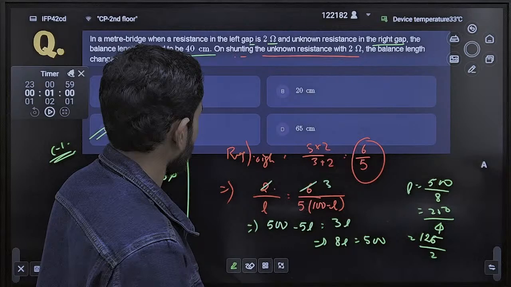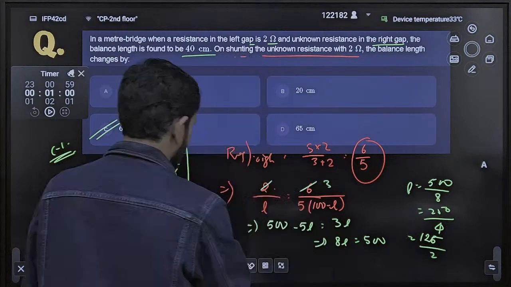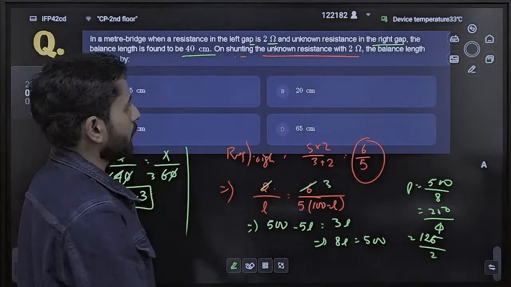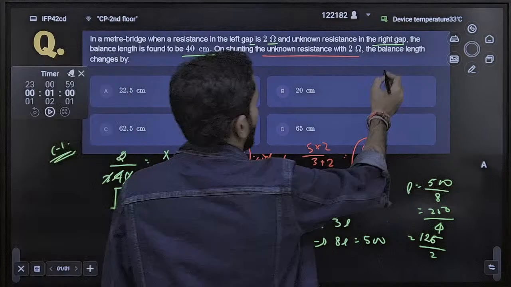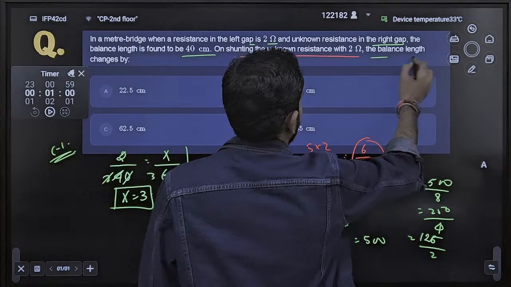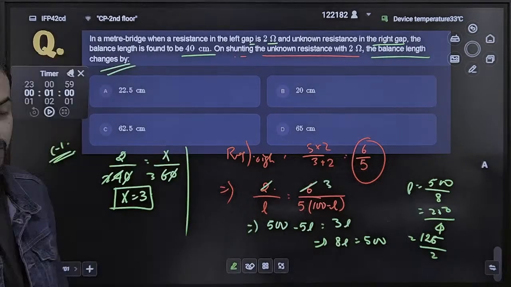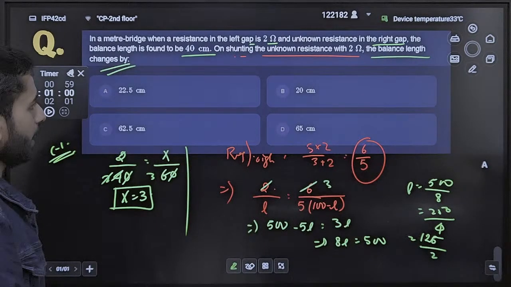Wait, wait a minute. Actually, it is a good question. They have not asked the new balance length. They have asked the balance length changes by how much. Initially, what was the balance length? 40 centimeter.